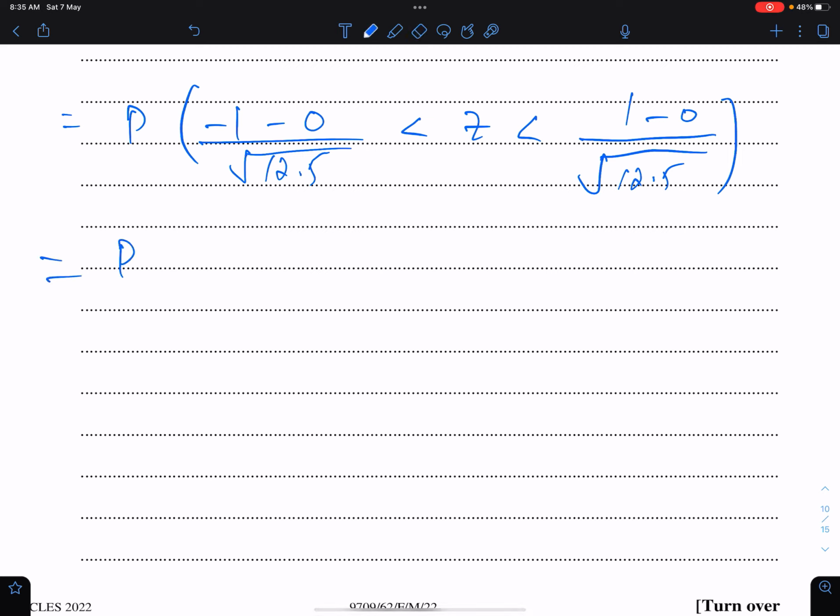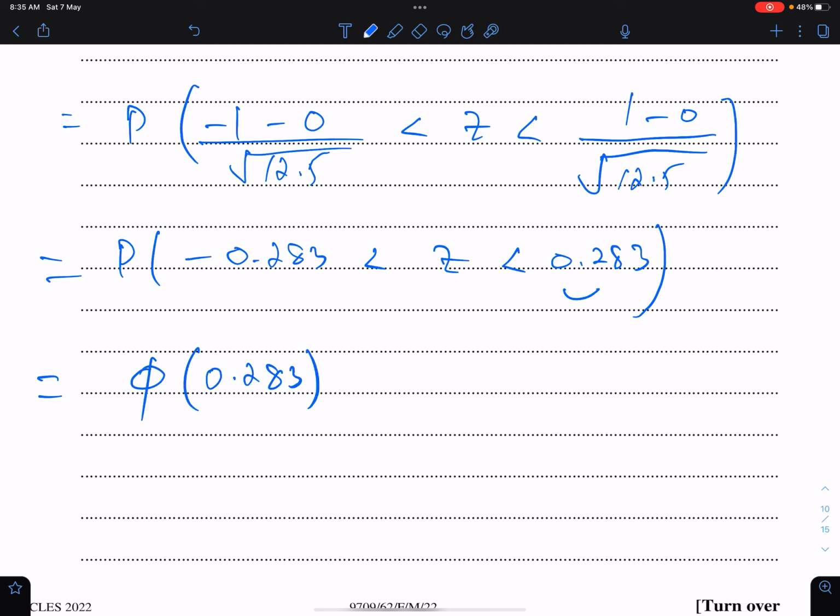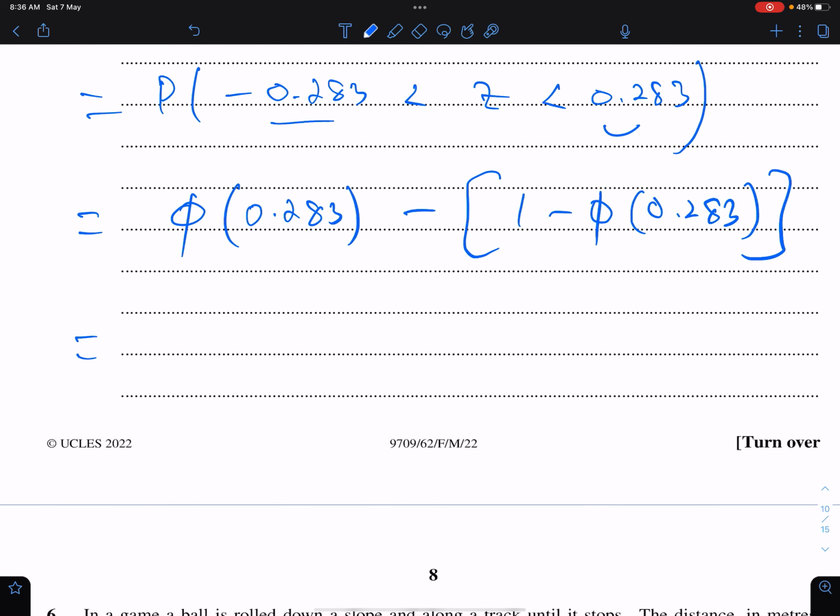So this is minus 0.283 and plus 0.283. This positive number is phi and this negative number is 1 minus phi. And the final answer is 0.223, correct to 3 significant figures.